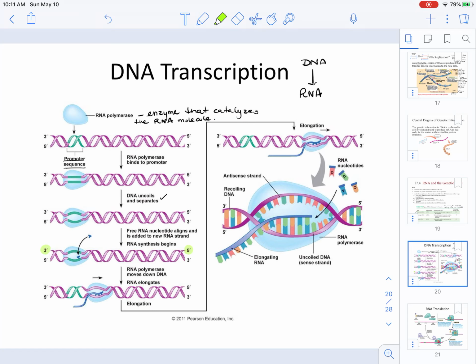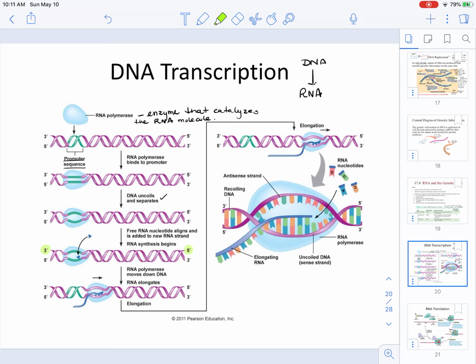When this happens, a free RNA nucleotide is going to align and be added to the new strand of RNA. That's when the synthesis of RNA begins. The RNA polymerase is going to move down the DNA and elongate that polynucleotide RNA molecule.